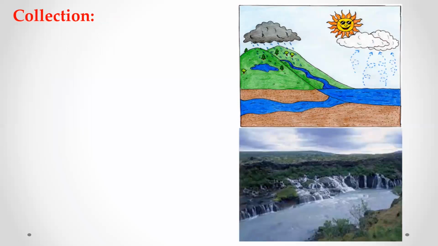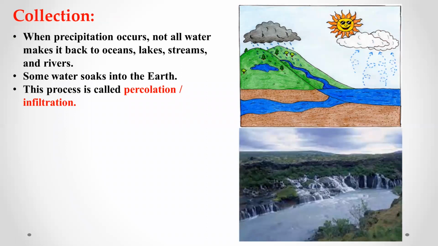Then it comes to the collection part. Collection means that whatever water has come onto the earth, this is the time to collect all of it together so that it can get evaporated back and make the clouds, right? So first of all, we'll check what collection is and how it happens. When precipitation occurs, not all water makes it back to the oceans, lakes, streams, and rivers.